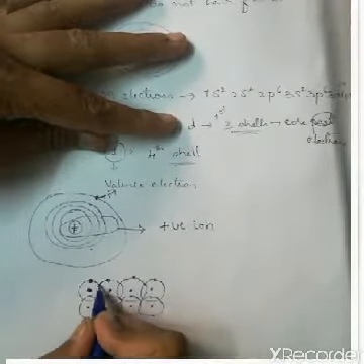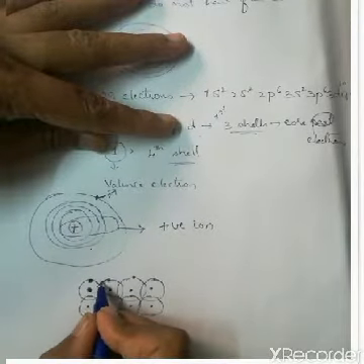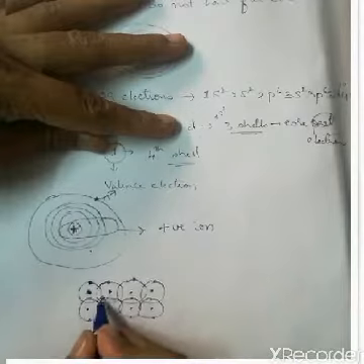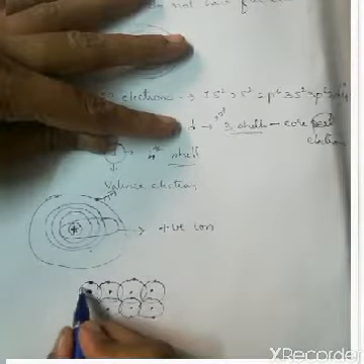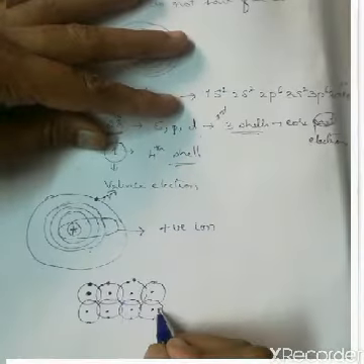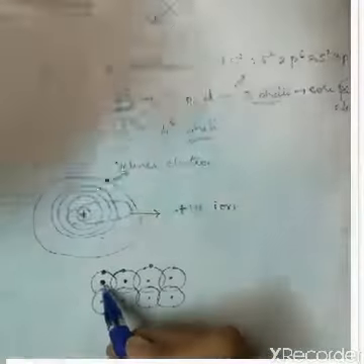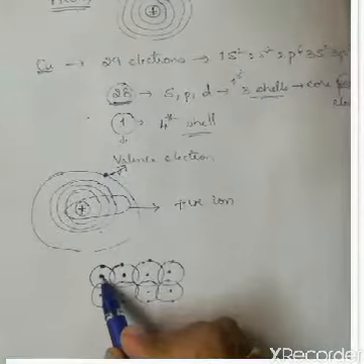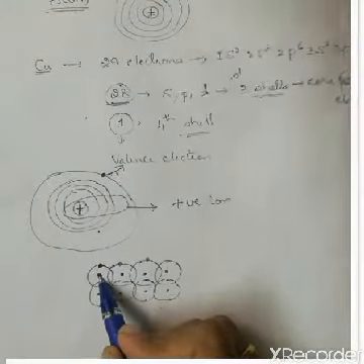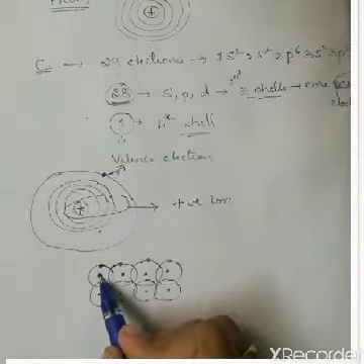It can move from here to this orbit, it can come to this orbit also. In this way it can move throughout the material or the metal, because it is loosely bound to the nucleus.